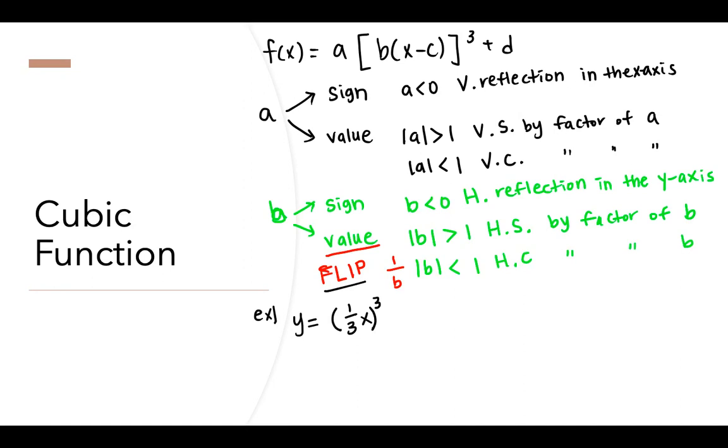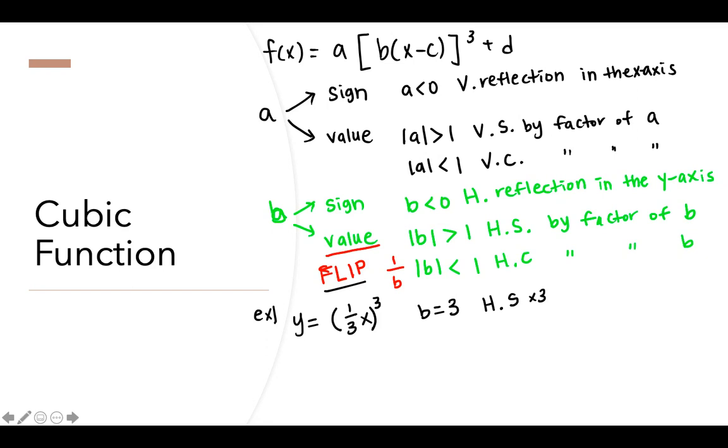So I'm going to flip 1 over 3, so my b value is 3. Therefore, because it's greater than 1, we say it's a horizontal stretch by a factor of 3. Okay, so I'm just writing in simple terms. Make sure you flip it for anything inside the function.